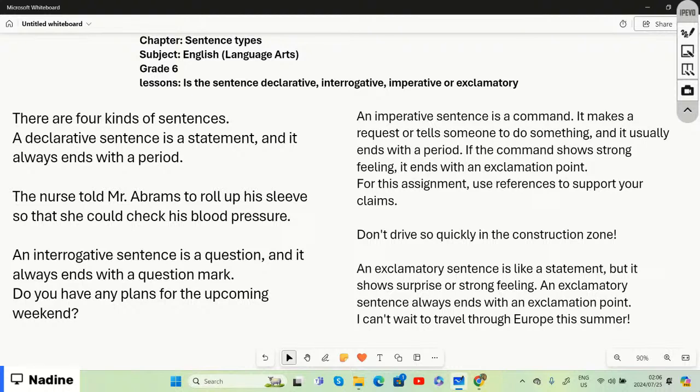Then we have an interrogative sentence. If you think of the word interrogate, an interrogative sentence is a question that is being asked, and it always ends with a question mark.